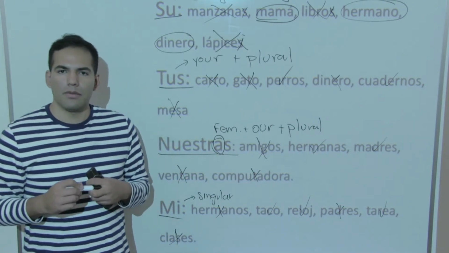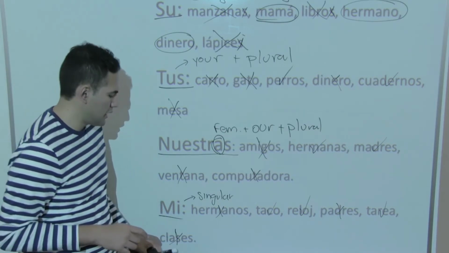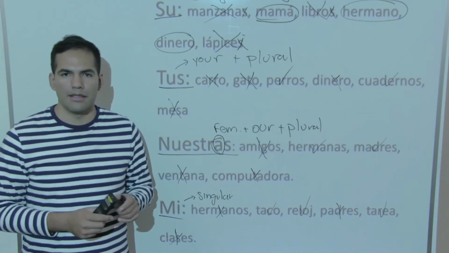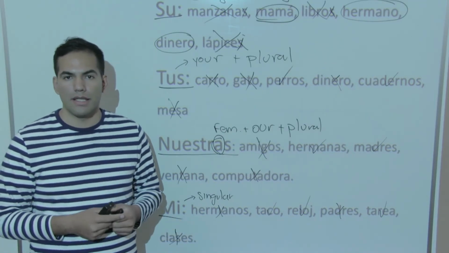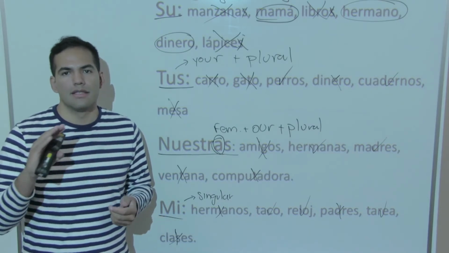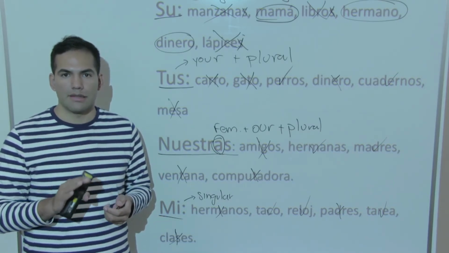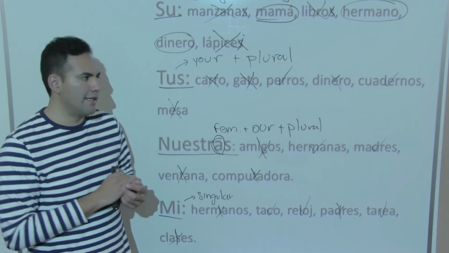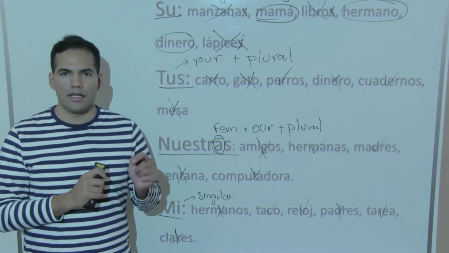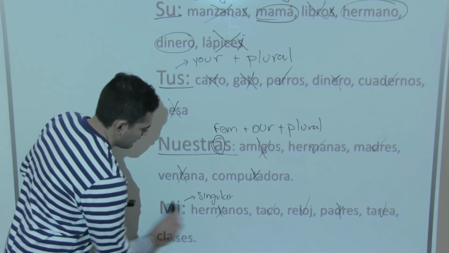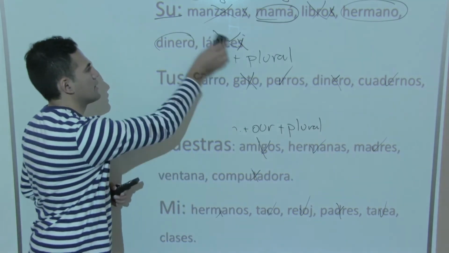So I hope that you were able to get it successfully. If you didn't, just try to review and make sure you are familiar with the correct possessive adjectives for every person, and just go back to the notes that I wrote. If you have any questions.